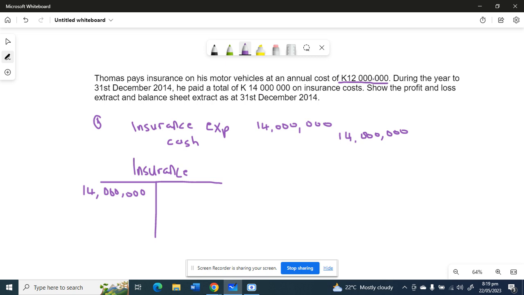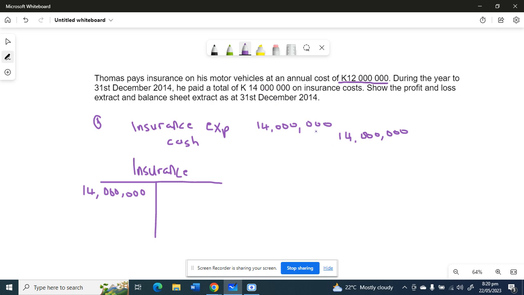So 12 million divided by 12 months is 1 million per month as his insurance. But here he paid 14 million, so he paid for 14 months. But remember, a year is 12 months.